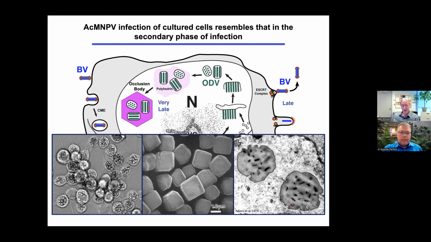And this on the right shows some sections and electron micrographs through occlusion bodies, and you can see the nucleocapsids and the ODV, or occluded virions, within them. So those are the infectious units of the virus. And so this is the form that it accumulates and then kills the cell and makes the caterpillars all melted and gross, like you showed earlier.